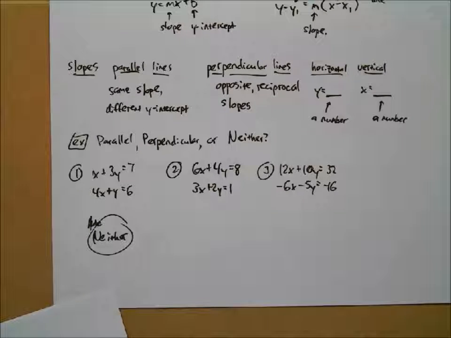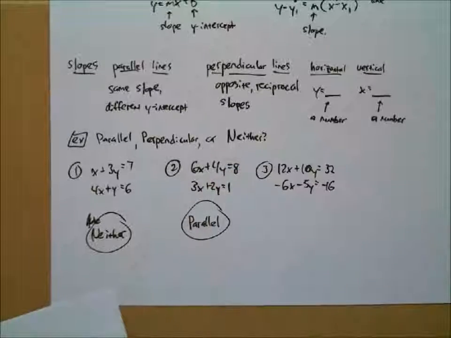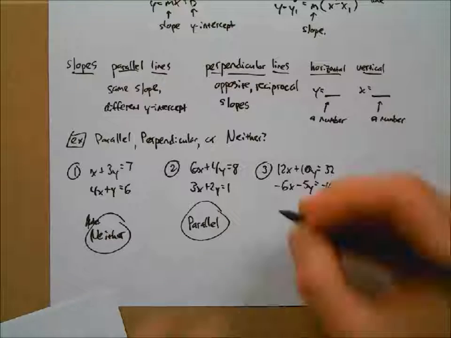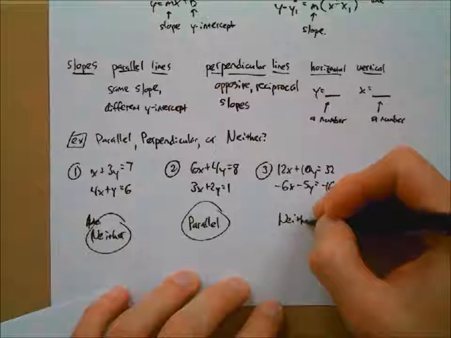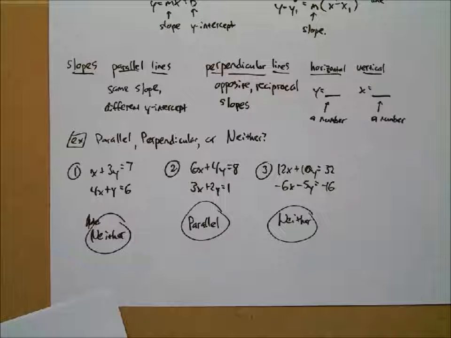Okay, and you got their slopes to be the same. And then number 3? Same line. So what would we say for our options here? Neither. Exactly right. Hopefully you didn't just assume it was going to be perpendicular because there were 3 options and 3 problems. Number 3 did turn out to be neither. They have the same slope, but they're also the same y-intercept, so it's the same line.